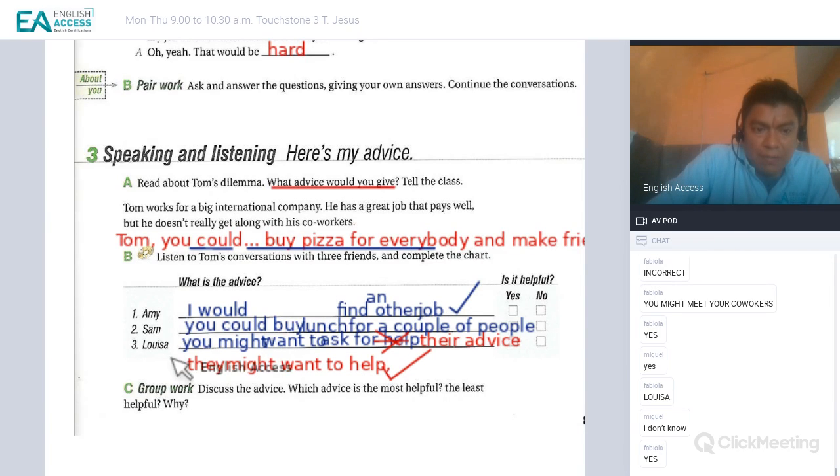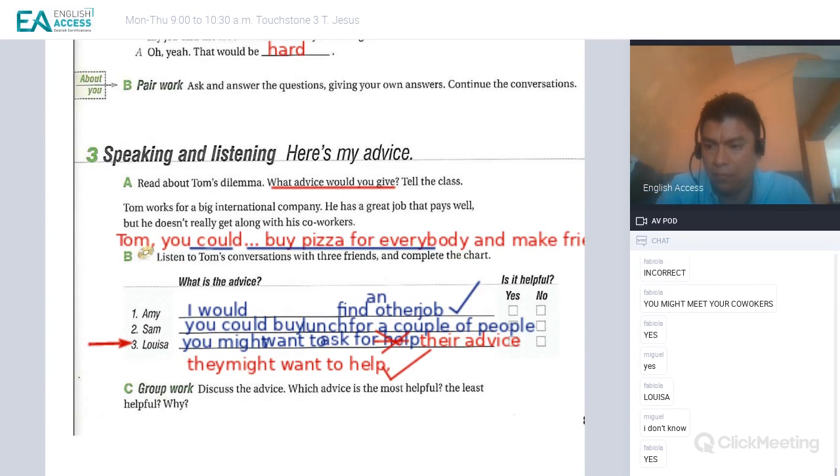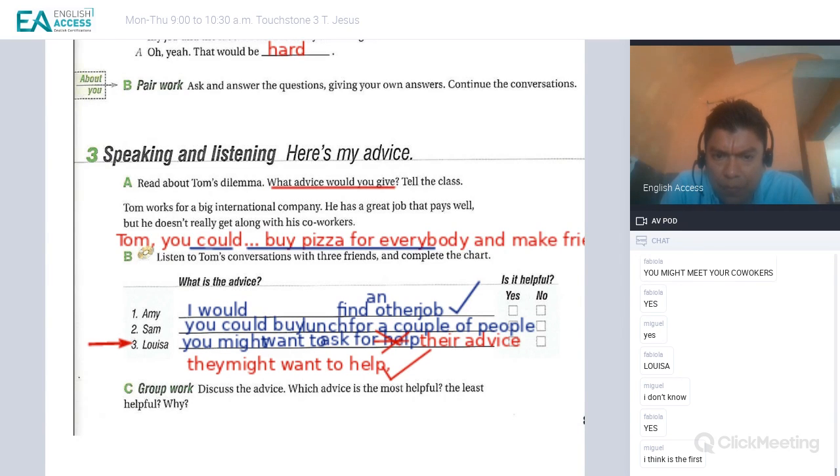For Fabiola, for Fabi, number 3 is the best advice. Can you tell us why, Fabi? Why is this the best advice? And Miguel, for you, what is a better advice than the other? What is good? Find another job, buy lunch, or ask for advice? Yes, Miguel. Think about it.